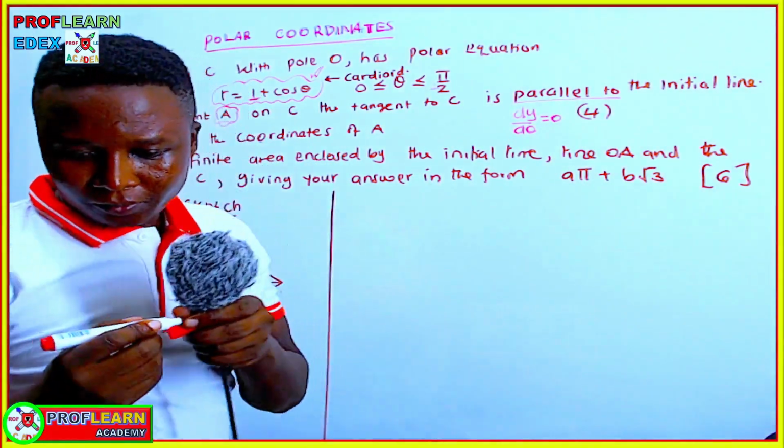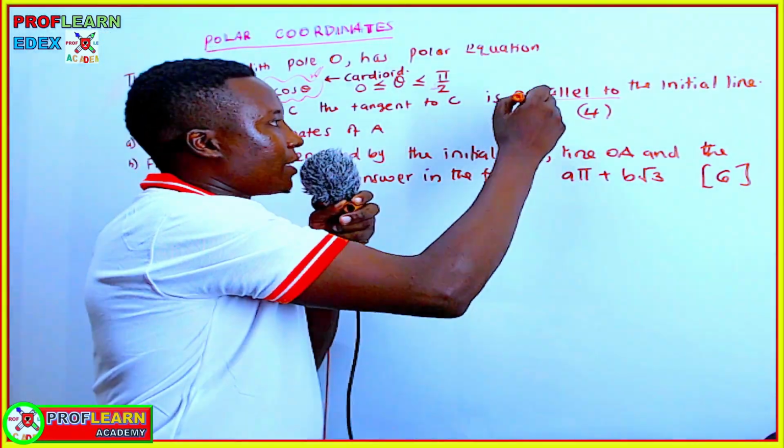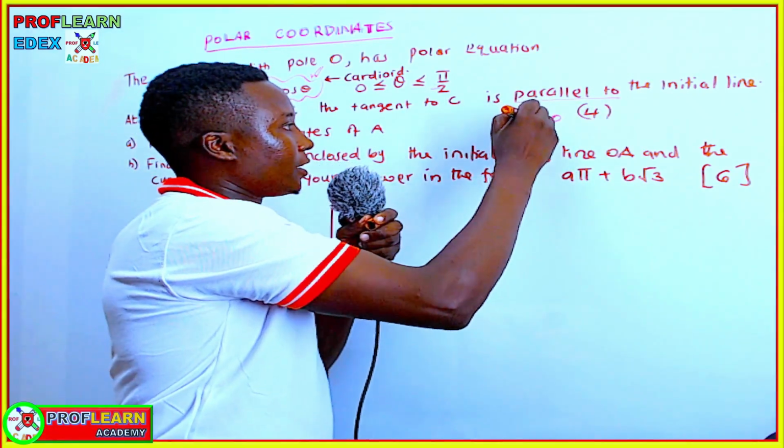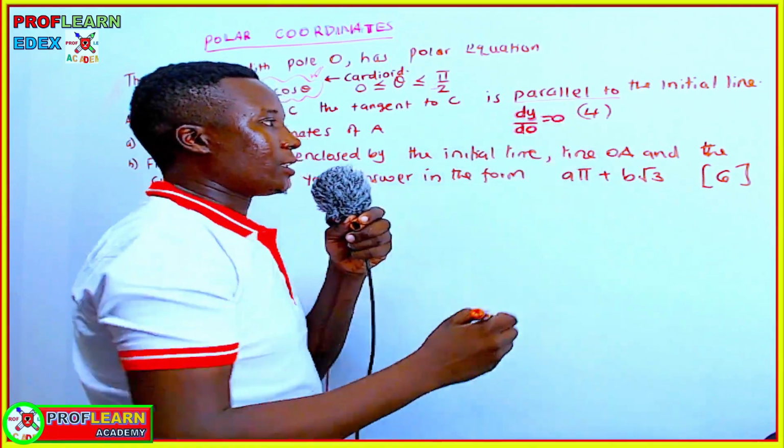So at any given point where you hear parallel to the initial line, you are going to set dy/d theta to 0.